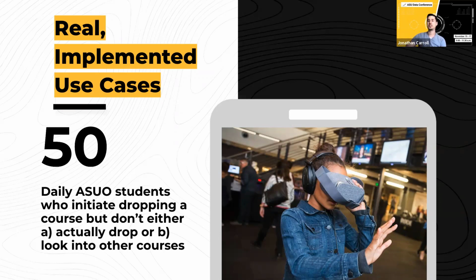If you want to know who starts a process or drops, but then also engages elsewhere in the navigation to look at new courses or a class block, all that event level data does reside in BigQuery, but that pure basic fact of initiated drop, but did not complete and did not engage anywhere else in PeopleSoft, that single attribute does reside in Telium, yes. Okay, that's good to know.